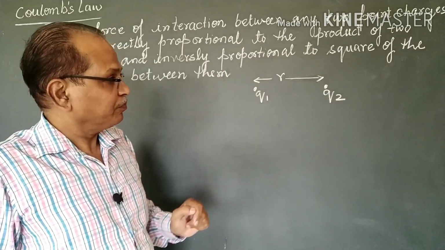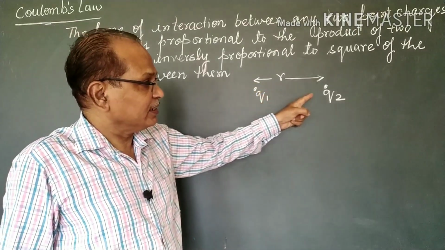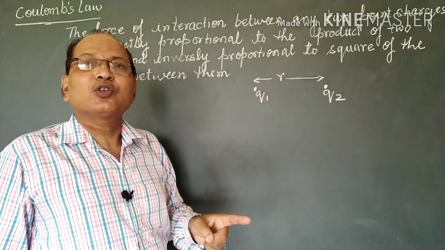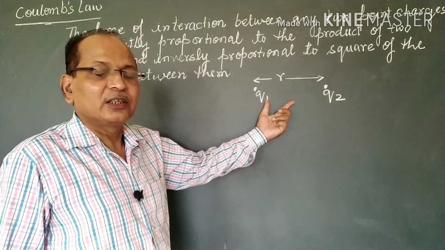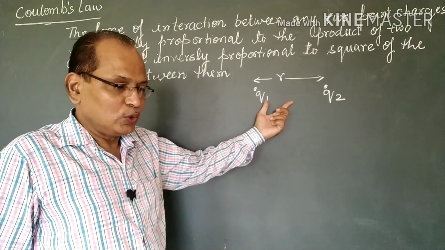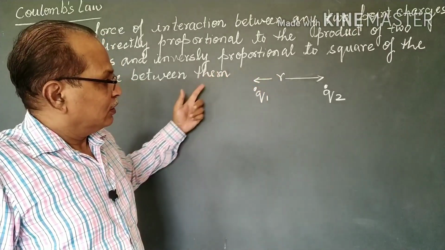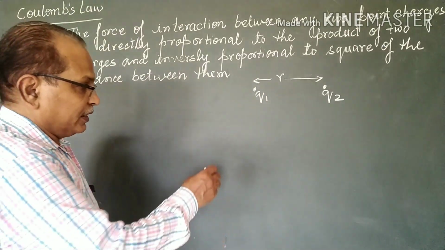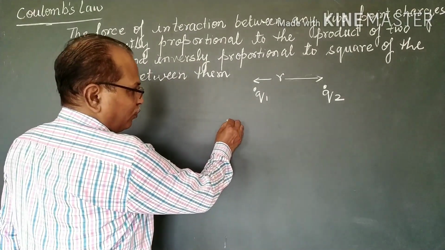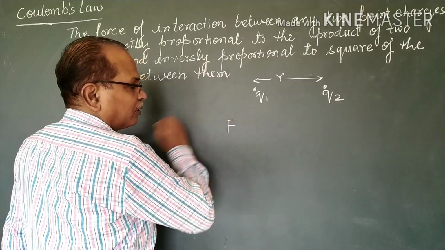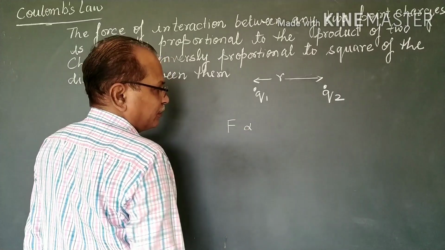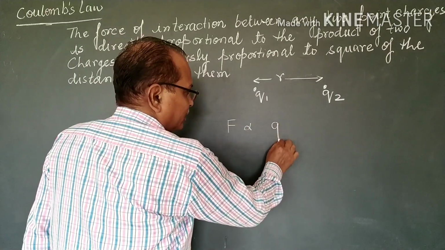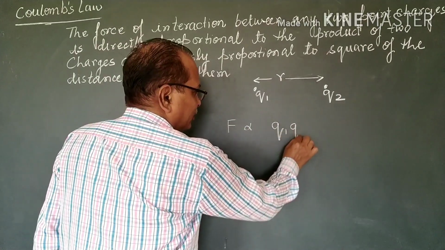And second, if we increase the distance between them, the force of attraction or repulsion decreases. So we can write that the force of attraction or repulsion between the two charges is directly proportional to the product of the two charges, Q1 and Q2.